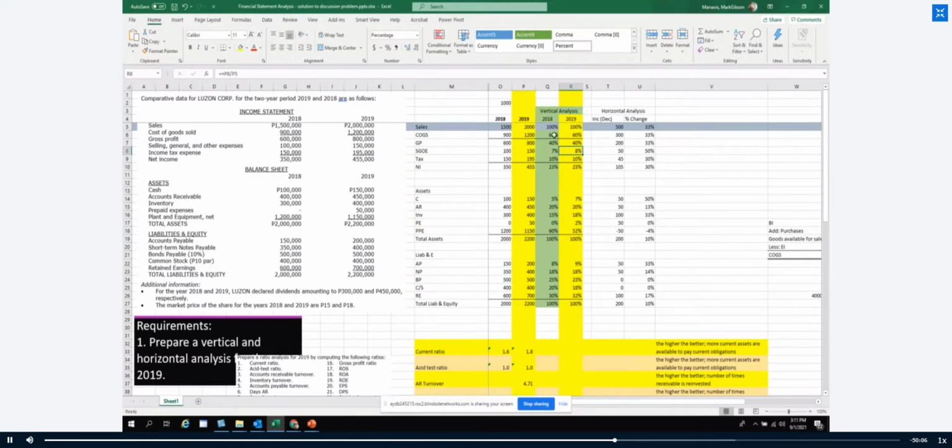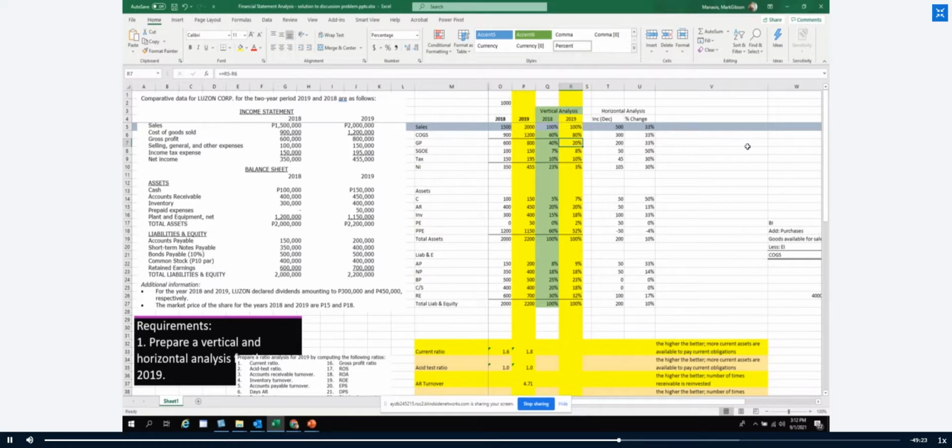Especially, say for example, in 2019, it's good that the cost of goods sold here remains at 60%. And what if this becomes 80% in 2019? Of course, there's really a need for us to determine what triggers an increase in total cost of goods sold, because as you know, an increase in cost of goods sold would mean a decrease in your bottom line figures. So the higher your expenses and your costs are, it will eventually result in a lower net income, and we don't want that.